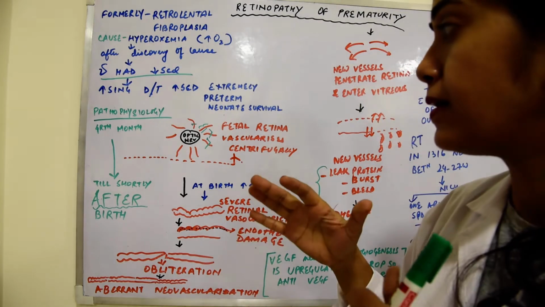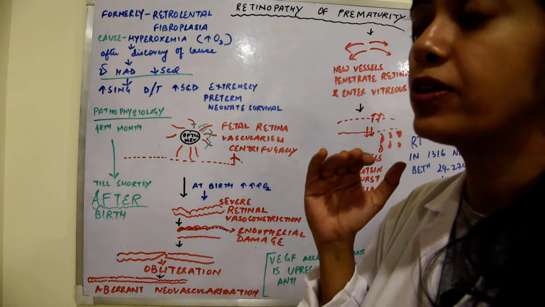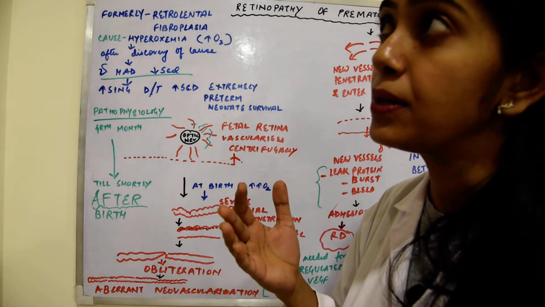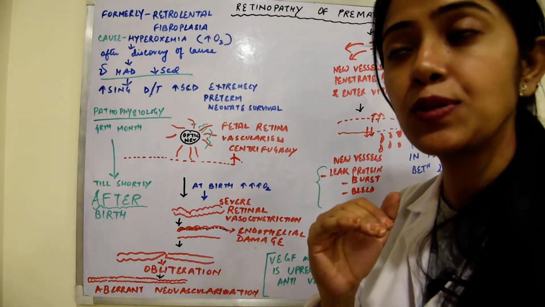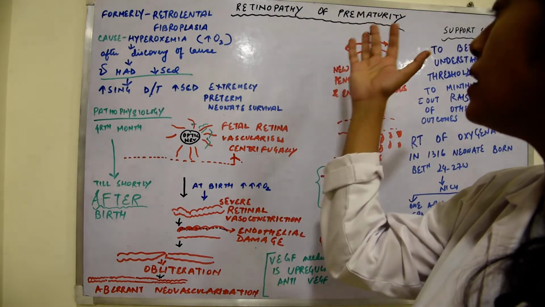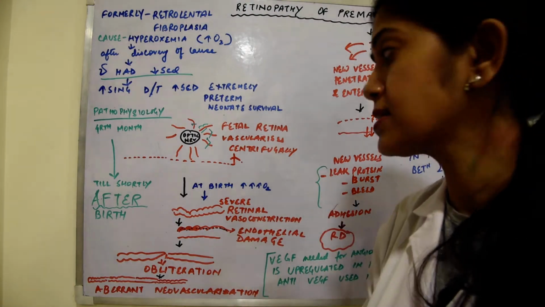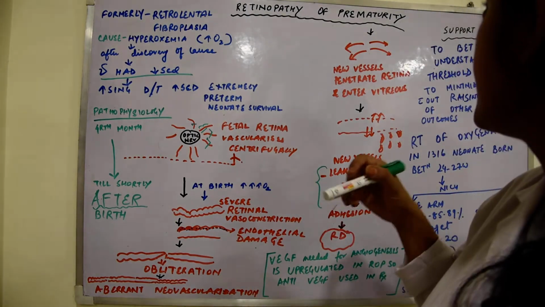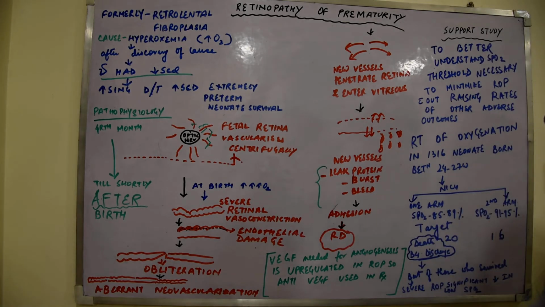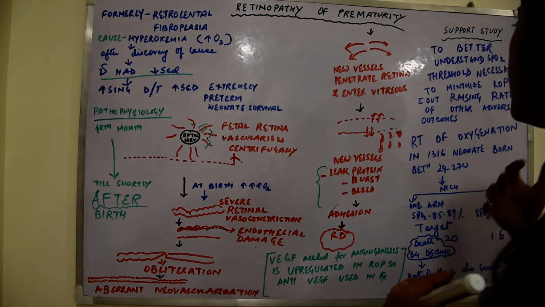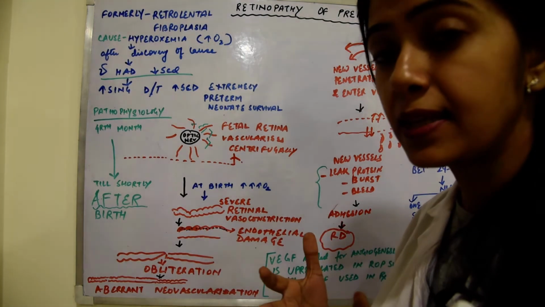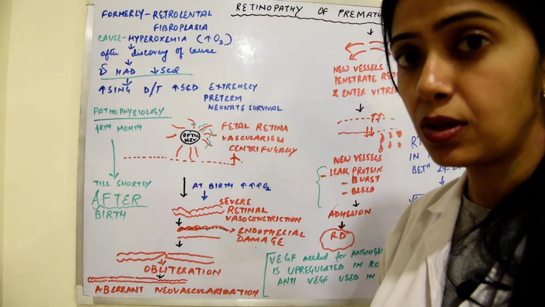So the threshold of oxygen exposure that will lead to this particular condition is yet to be discovered, but a study was done to better understand the oxygen saturation threshold that is necessary to minimize retinopathy of prematurity without raising the other adverse outcomes that can happen if you reduce the oxygen saturation.